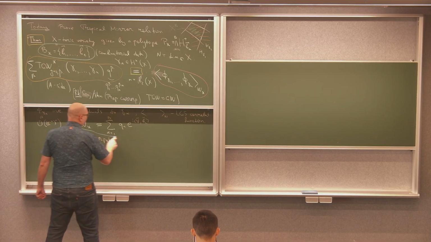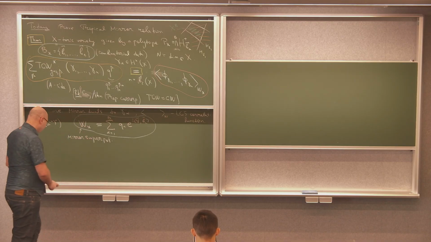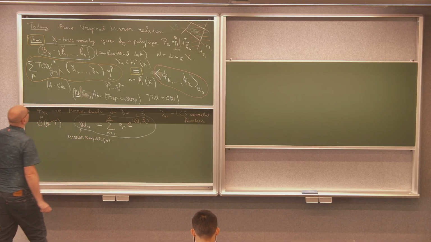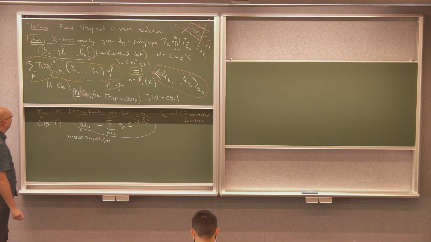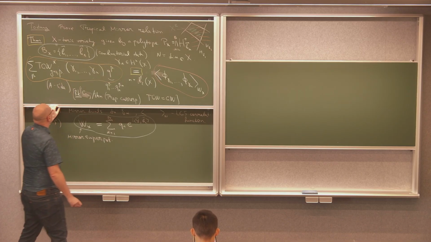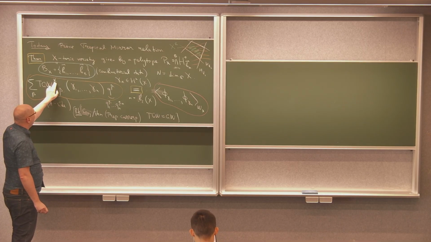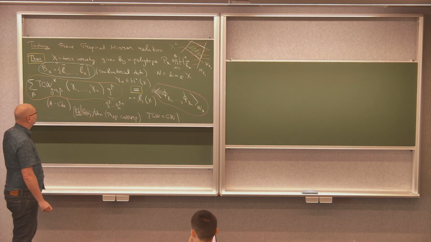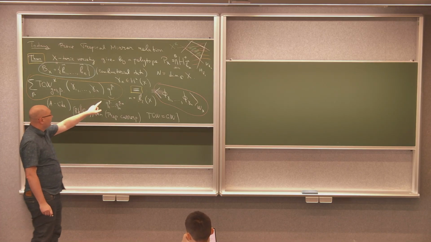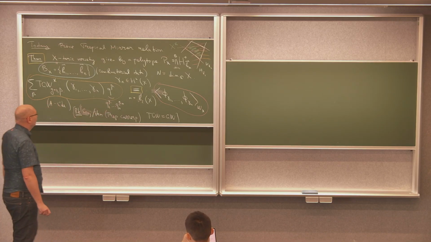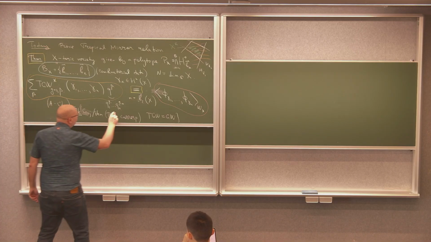And then that is our mirror superpotential. So the mirror relation works in the following way: on the left-hand side, we have the toric variety X given in terms of this combinatorial data. We have some generating parameters, q_1 to q_m.